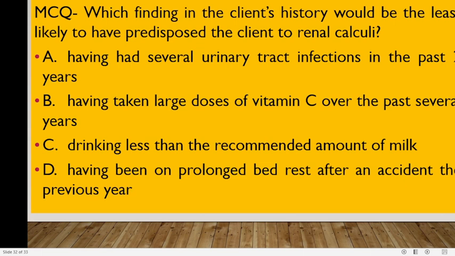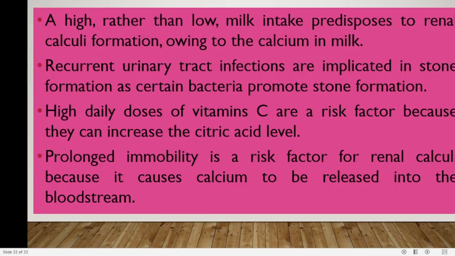Okay? Guys, the correct answer in this case will be drinking less than the recommended amount of milk, okay? A high rather than low milk intake predisposes one to renal calculi formation, owing to the calcium in the milk. Recurrent urinary tract infections are implicated in stone formation as certain bacteria promote stone formation.